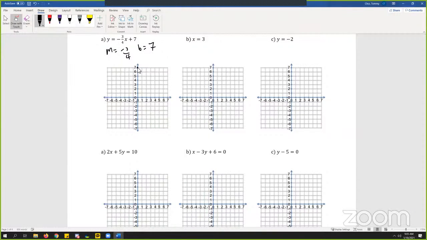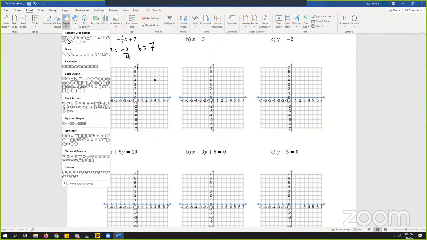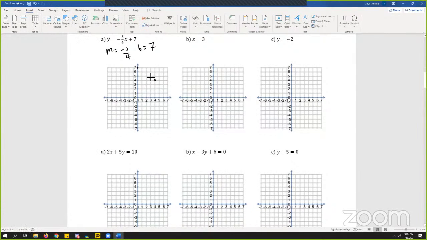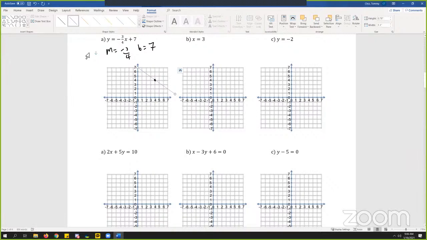This allows us to graph our line fairly easily, right? And you can connect that with the straight line. So that would be our line for the first one here.